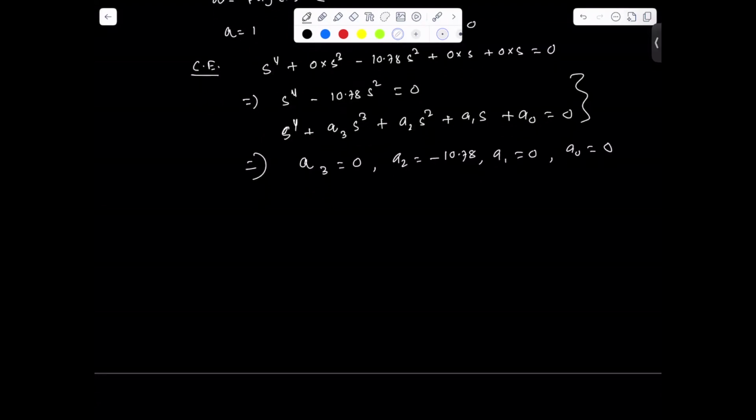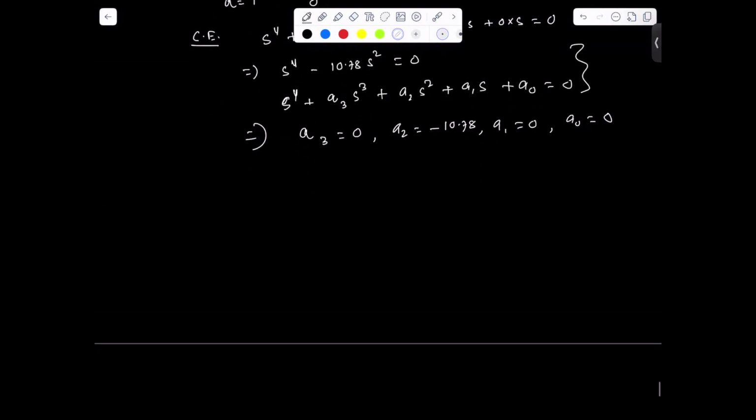So using these terms, we can form the P dash matrix.